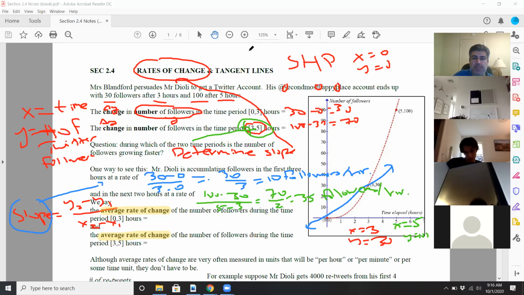So I'm just going to repeat. I'll just compute it up above. For the first 3 hours, ten followers per hour. For here, 35 followers per hour.